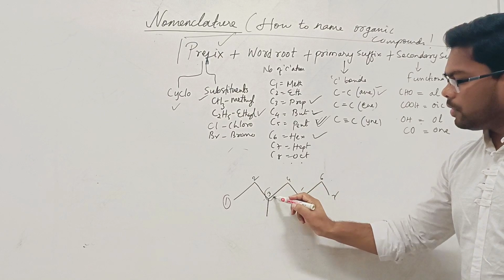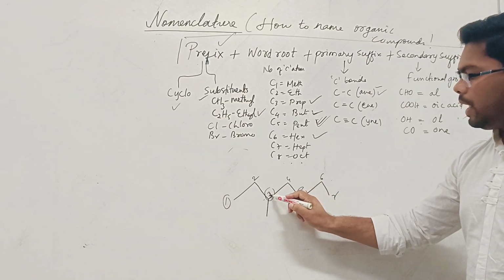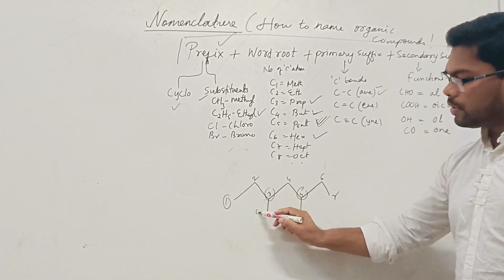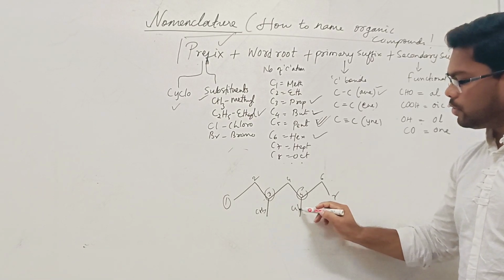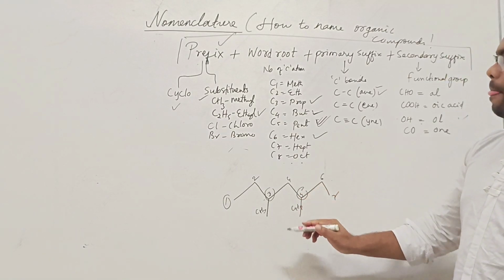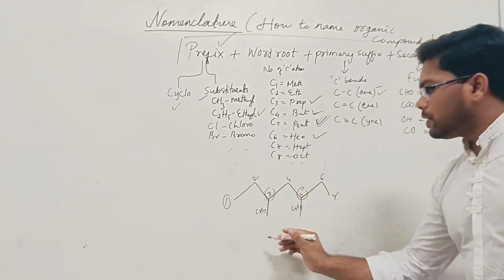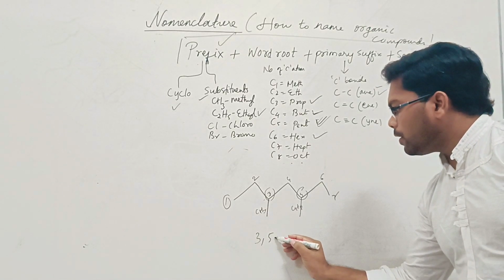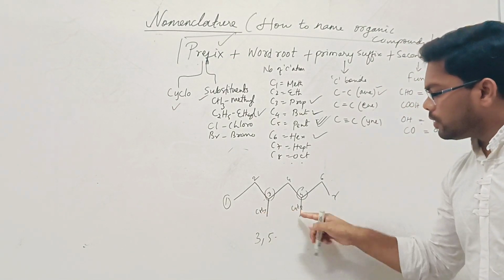So at what carbons are the two methyls? Third place and fifth place. A methyl group is there. This is called a CH3 group. This is 2 CH3. So you can name it first: third and fifth, 3 and 5. How many methyl groups? 1, 2.